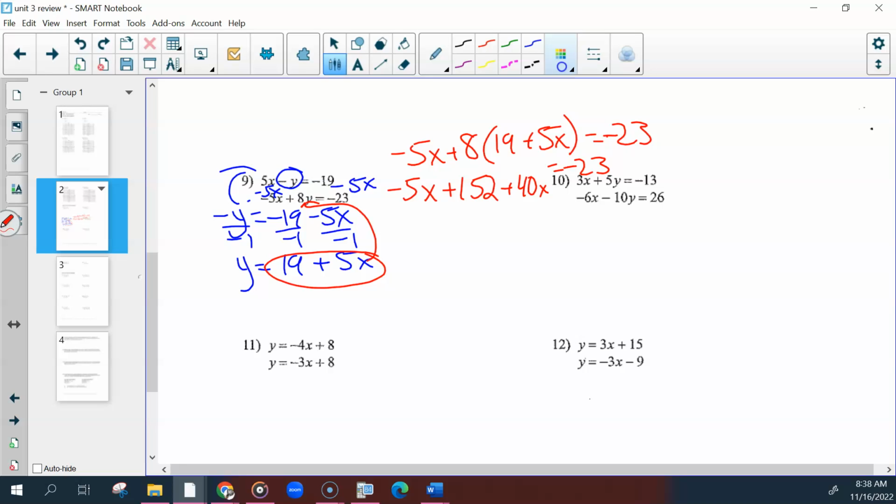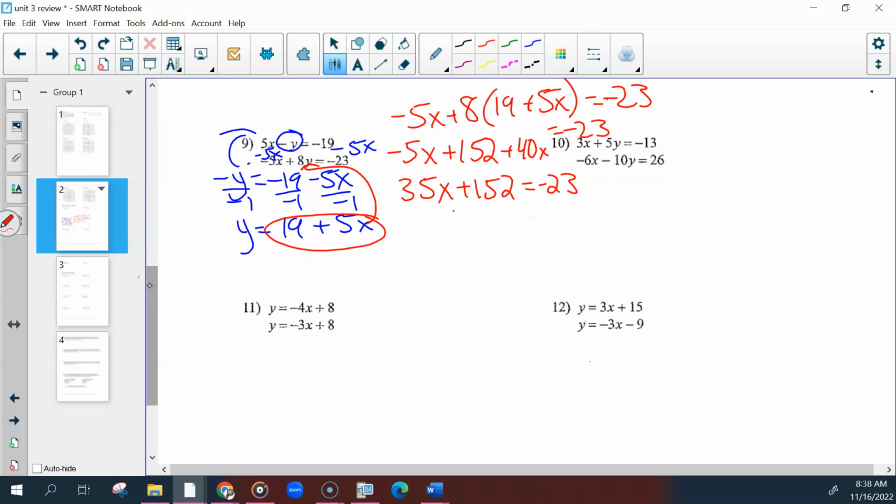The negative 5x and the 40x would give you a positive 35x. And then subtract 152. So we have negative 175. And divide. Divide that to see what you get.